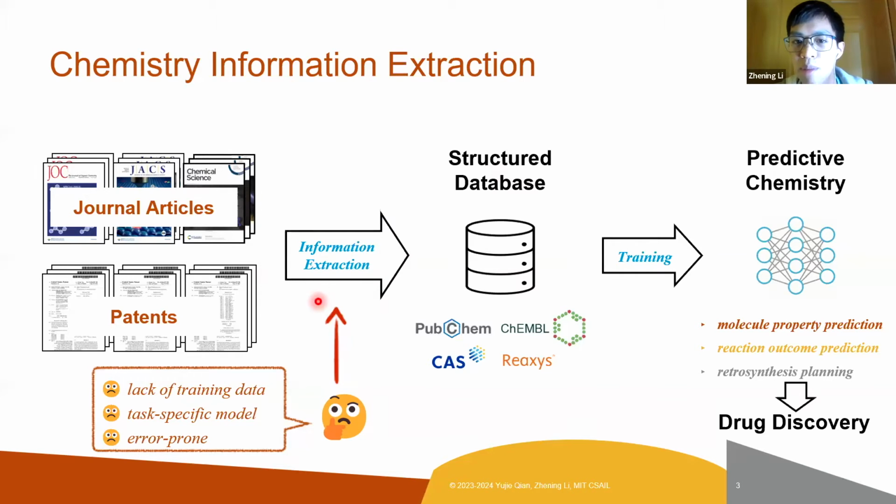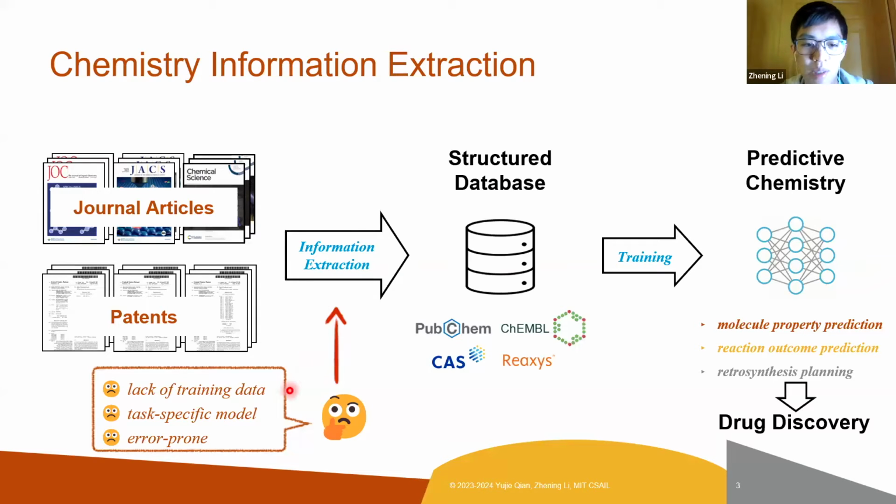For example, Lowe 2012 has an entire PhD thesis on this, and that work uses specific models, specific tools that are tailored towards the chemistry literature to extract the data. And that is a very costly and expensive process.